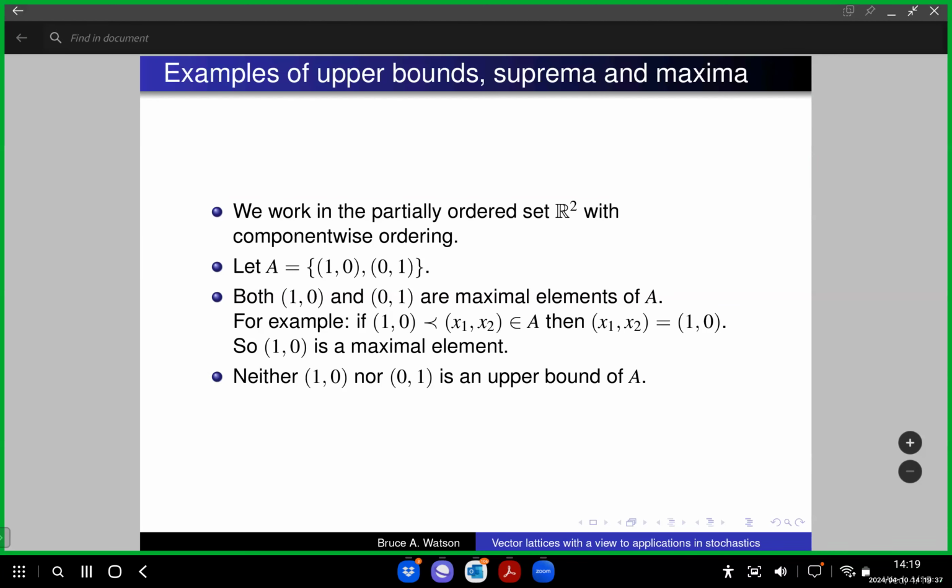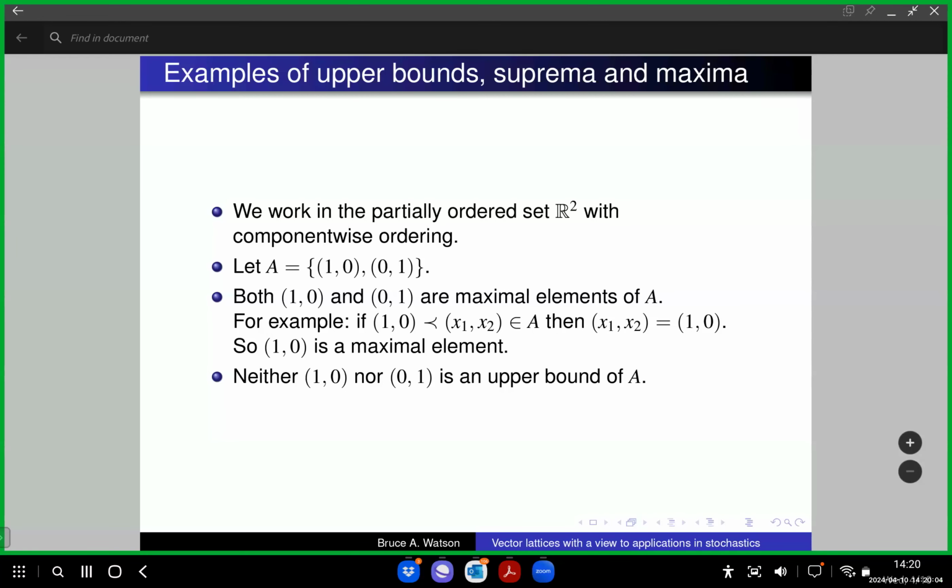But since (x1, x2) is in A, that requires that x2 is 0. So indeed, (1, 0) is a maximal element of A, because the only element of A that was a successor of (1, 0) was in fact (1, 0). You can do the same argument for (0, 1).